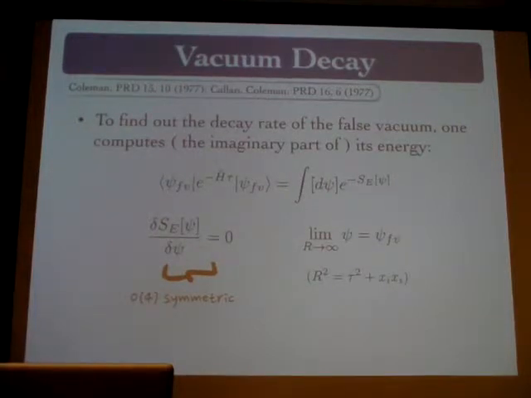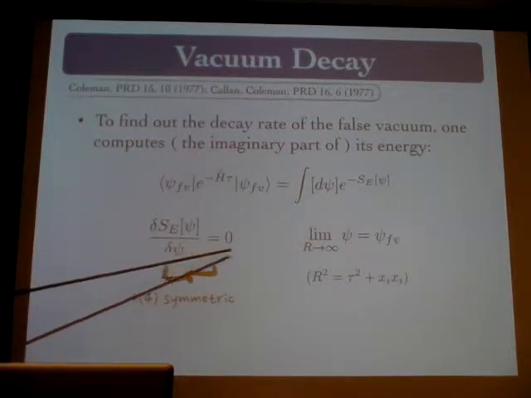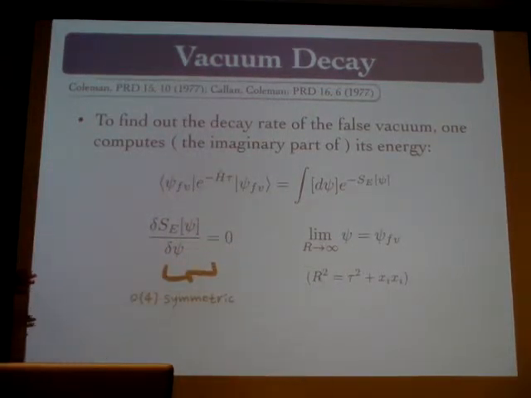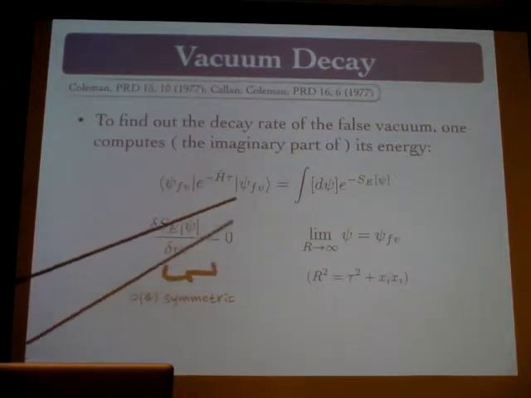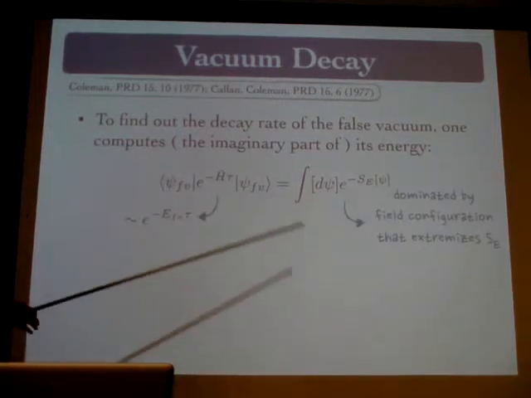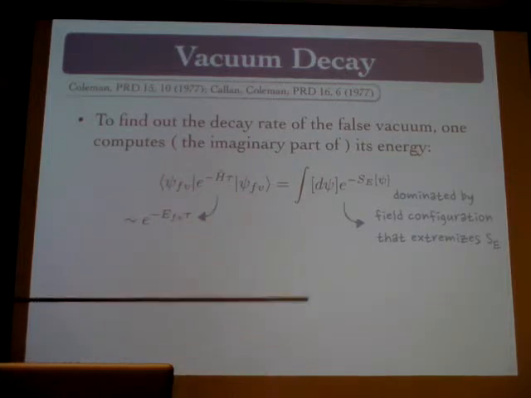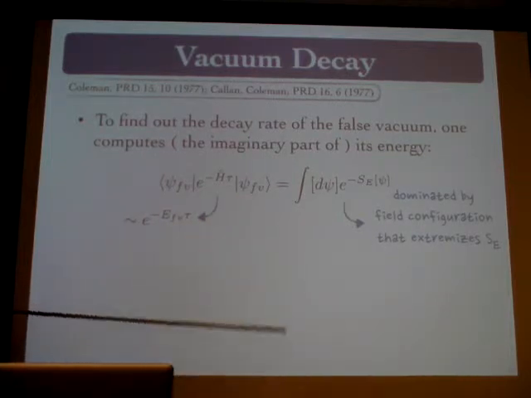So for instance, if you have a potential that has just one minimum, then the only solution to this equation with this boundary condition is the trivial solution, psi equals false vacuum. And then you find that this is just a real number, which corresponds to the energy of the false vacuum, and that makes sense because if you only have one minimum, that state is an eigenstate of the Hamiltonian.